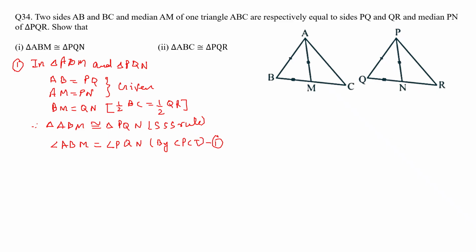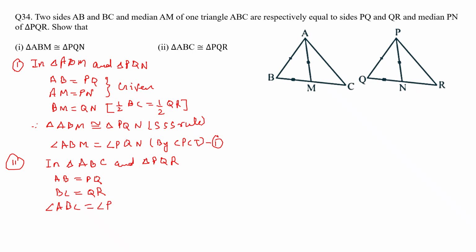So for the second part, in triangle ABC and triangle PQR, AB equal to PQ, BC equal to QR, and the third one I will write angle ABC is equal to angle PQR from first.